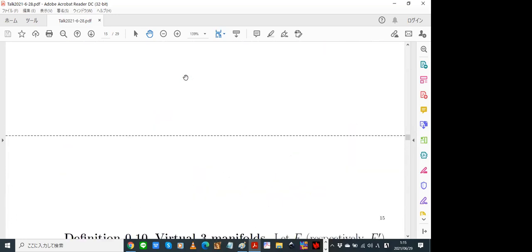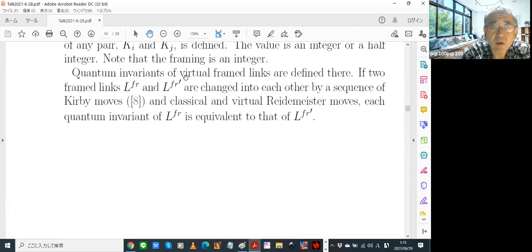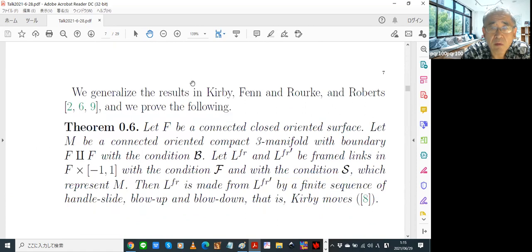That's the outline. So therefore, L and L prime in a surface with meridian and longitude, with the condition S, represent M. Then L is made from L prime by a finite sequence of handle slides, blow ups, and blow downs.